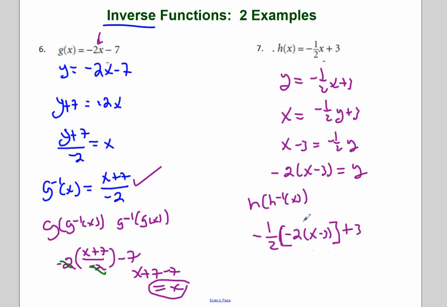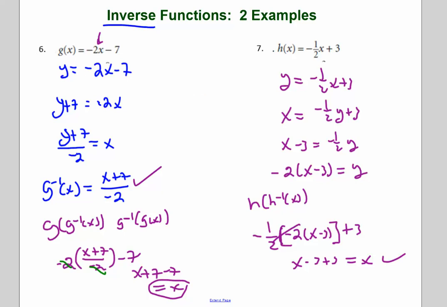That's going to cancel out. Again, that's why I did it that way. And I have x minus 3 plus 3 is equal to x. There you go. And we can check to see if they're functions, and we may have to restrict domains and things like that. But we just took two linears and did a real quick, short example.